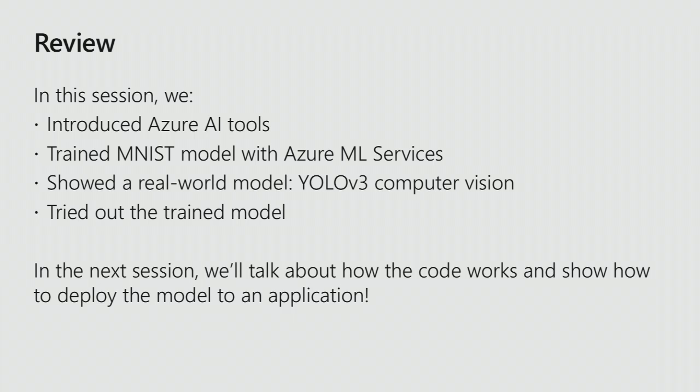We trained an MNIST model with the Azure ML services, and we saw how we can scalably hyper-optimize the parameters. We showed, additionally, how we can use AutoML to build out different models from our data without actually having to supply a model architecture. And we demonstrated the real-world model that we'll be diving deeper into in the next session.